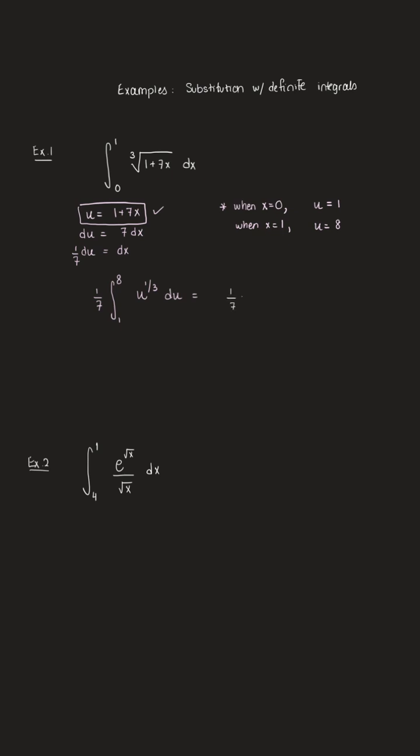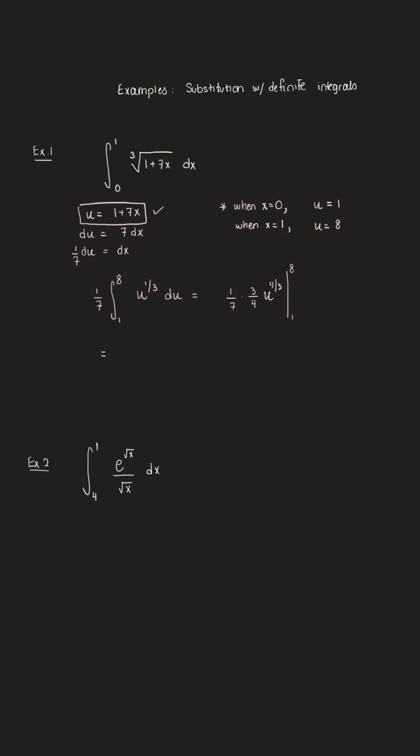So adding 1 to the exponent will give me u to the 4/3. And when we divide by 4/3, we will multiply by 3/4. So I'm going to write 3/4 u to the 4/3. And the benefit of having already changed the limits of integration is that now we don't have to plug u back in, and we're just going to integrate this from 1 to 8.